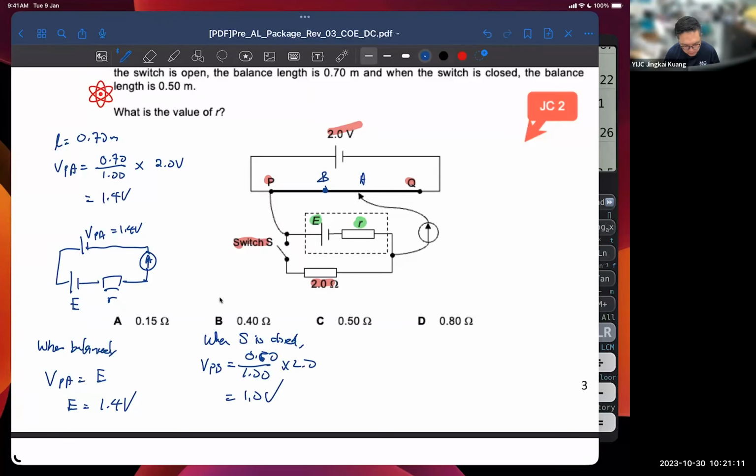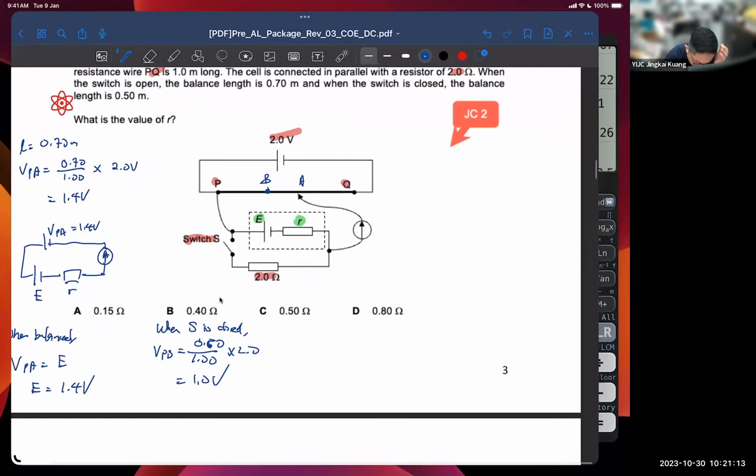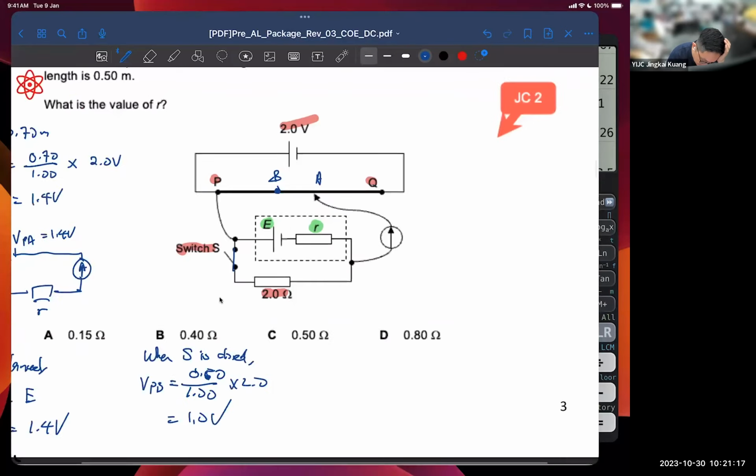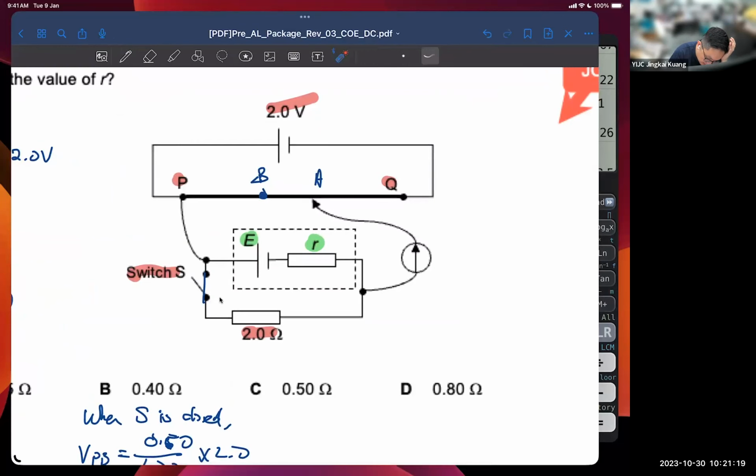So now when you close this switch, you are actually measuring the terminal voltage across this cell. This connection is the same as holding a voltmeter across here. So you're reading the terminal voltage across the cell.